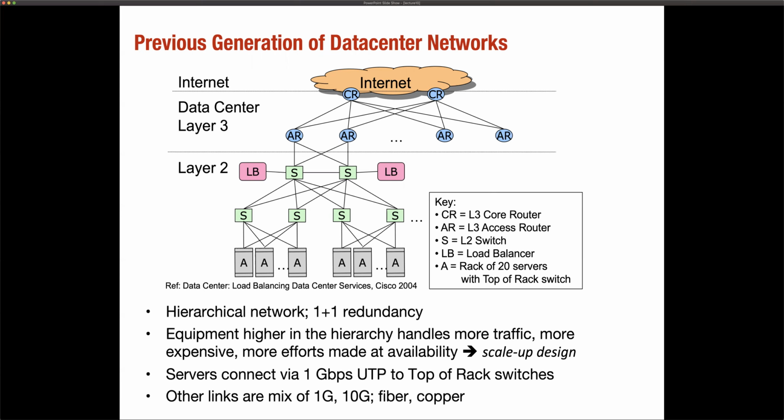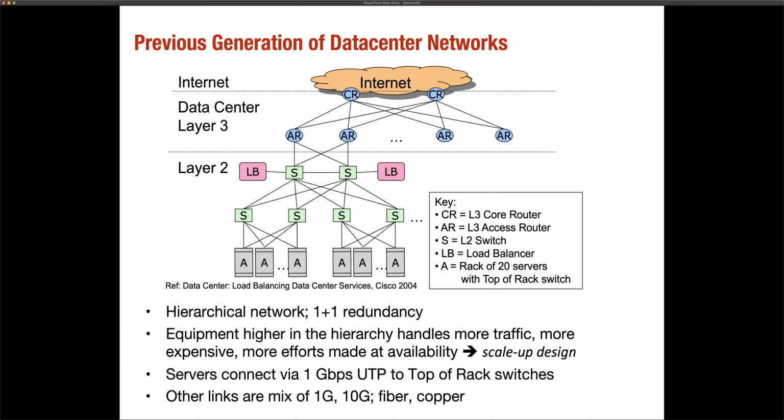The data centers were basically one big layer 2 pool, right? All the S are the layer 2 switches, and A are basically the racks of servers with a top of rack switch. All these servers are connected to the top of the rack switch, and then the top of the rack switch is connected with the S switches, or aggregation switches, in the data center network.